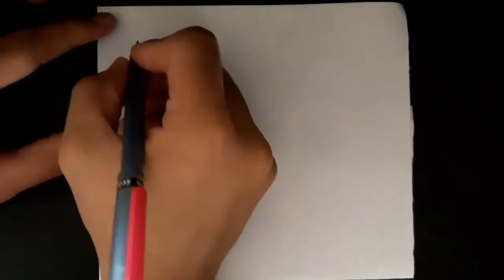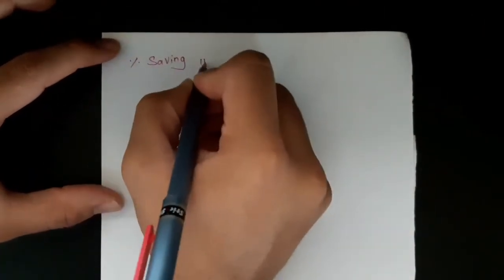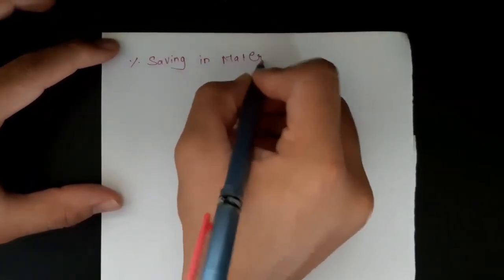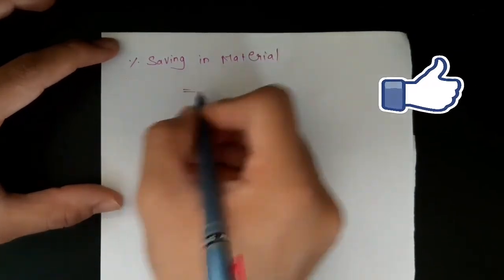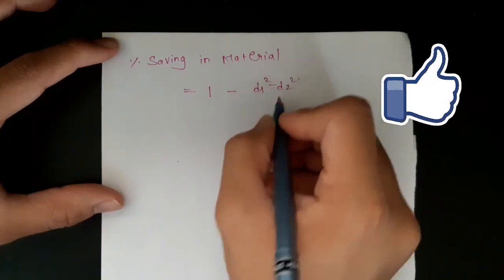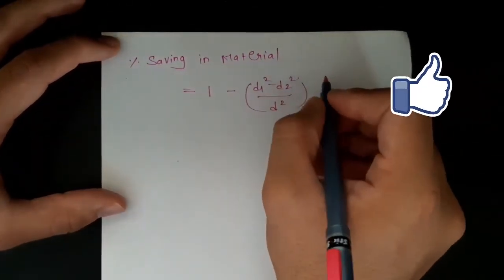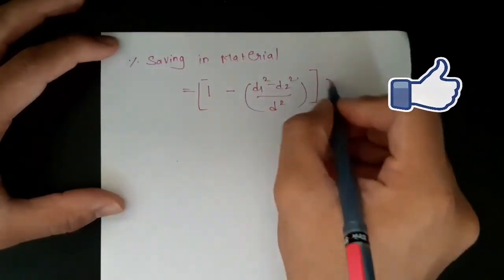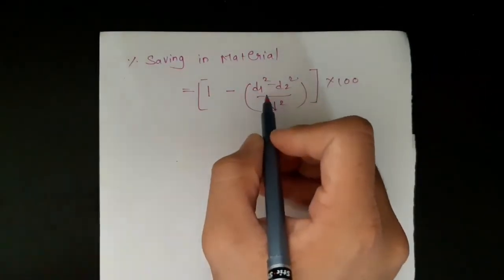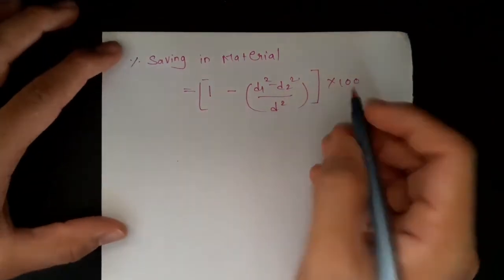Now we will calculate the percentage saving in the material. Percentage saving in material is given by 1 minus d1 square minus d2 square divided by d square, into 100, where d1 and d2 are the diameters of the hollow shaft and d is the diameter of the solid shaft.